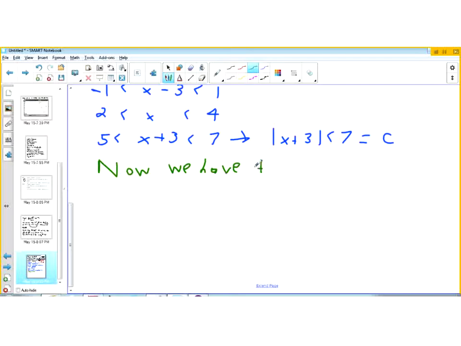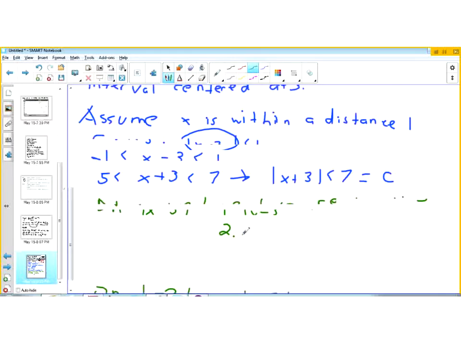Okay, so extend the page. So now we have two restrictions on the absolute value of x minus 3. The first one is 1.